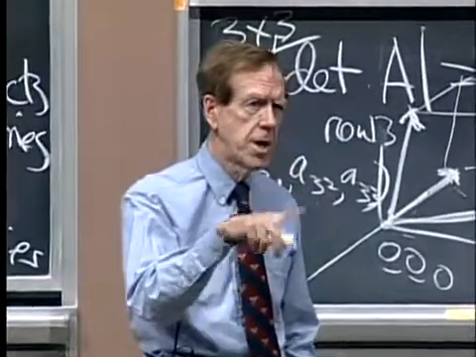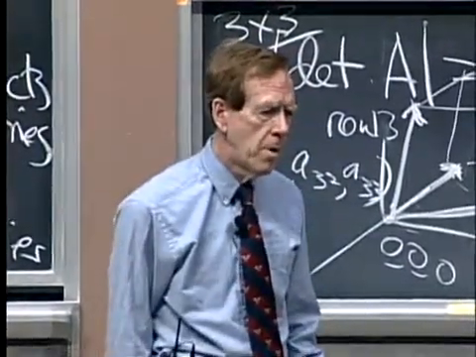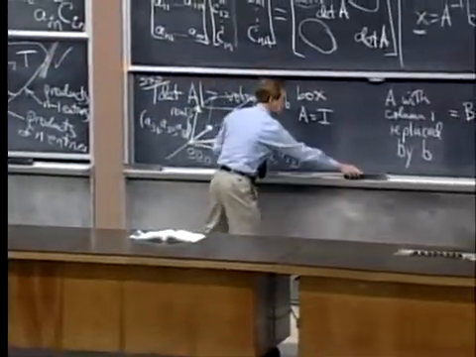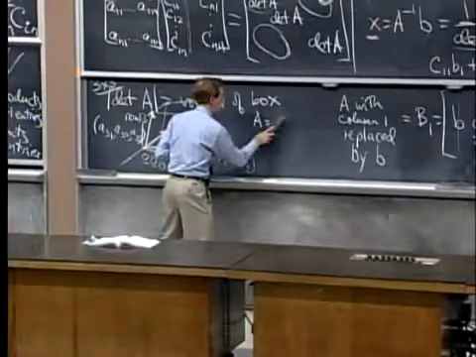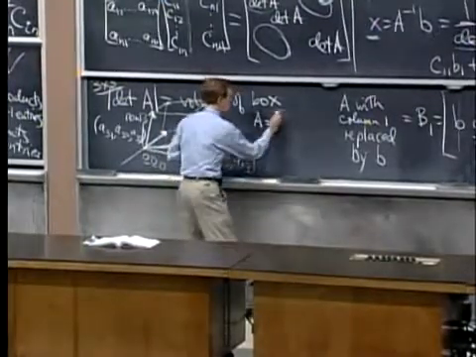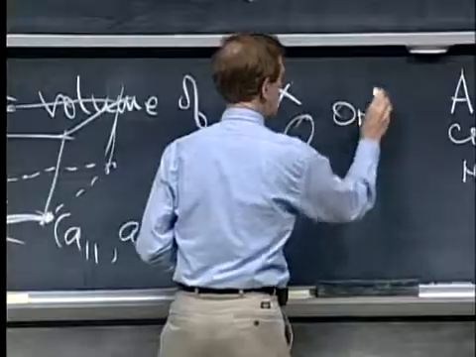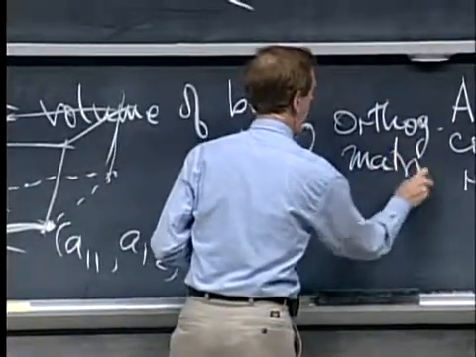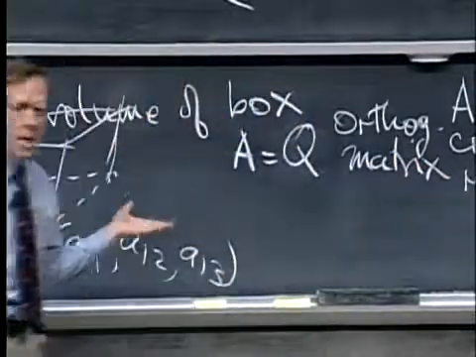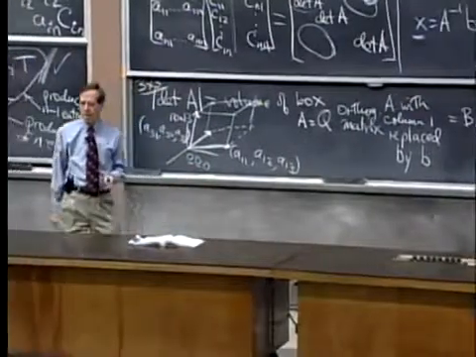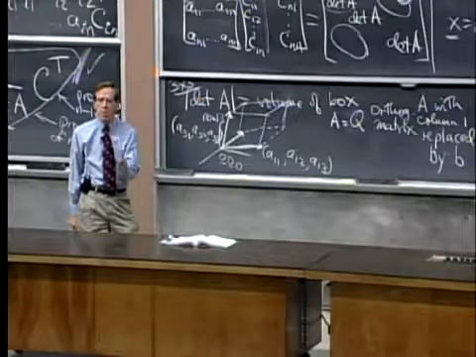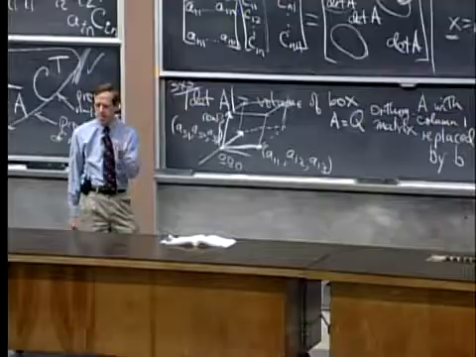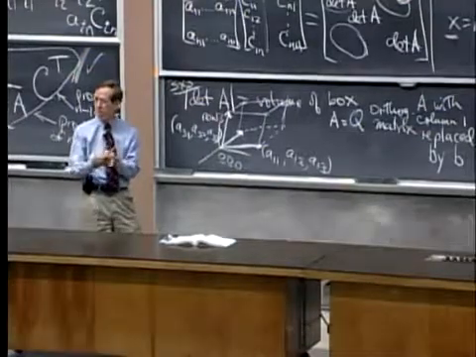I always called those things Q. Suppose instead of the identity matrix, I'm now going to take A equal Q, an orthogonal matrix. What was Q then? That was a matrix whose columns were orthonormal, right? Its columns were unit vectors, perpendicular unit vectors.